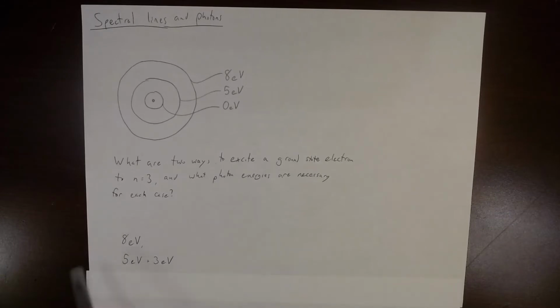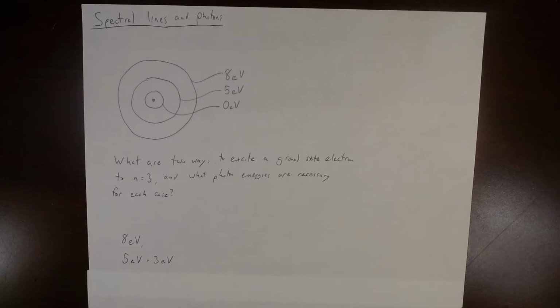So these would be your absorption lines in a real situation. If you sent in all the different energies of photons into a gas made of this kind of element, then you'd get some absorption of 8 eV photons, you get absorption of 5 eV, and you get absorption of 3 eV photons.